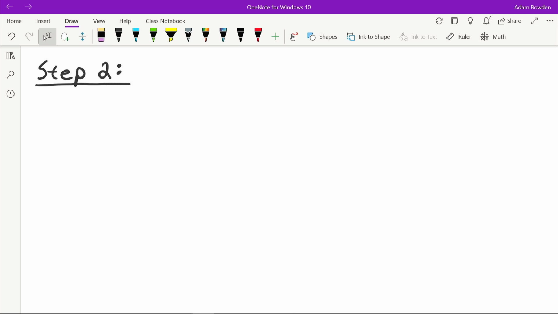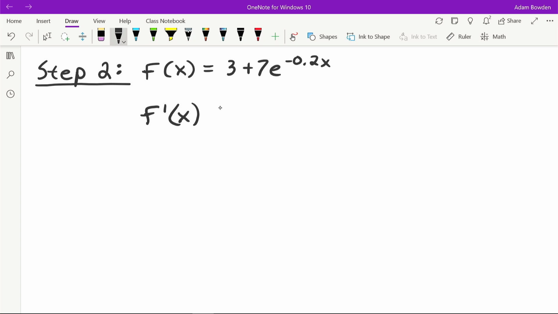Okay, now for step 2, we're going to need to find the first derivative, because we're going to find the critical numbers and where it's increasing and decreasing. So starting with the original function here, what we're going to do first is find f prime of x.